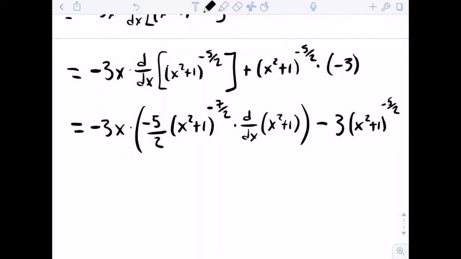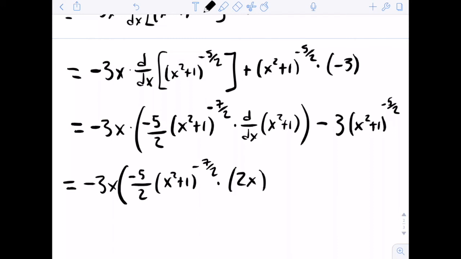Let's simplify this a little bit more. So this is negative 3x all times 5 over 2 x squared plus 1 to the negative 7 over 2 times the derivative of that, which is just 2x, and then the minus 3 times x squared plus 1 to the minus 5 over 2 stays the same.